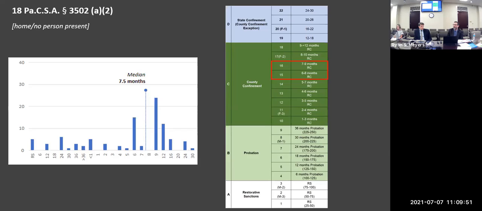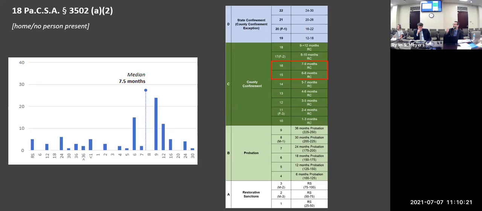So we think that, especially when the sample size, what I call N, is high enough, it gives us a really good starting point to base it on descriptive, from which then to rely on the prescriptive. So of course, when you have all these different counties with different practices, we're going to see a range of sentences. But for the most part, they're relatively clustered and give us some guidance on the direction to go.